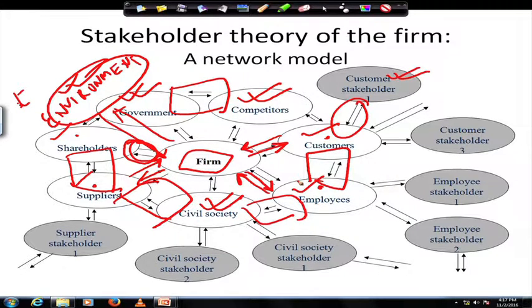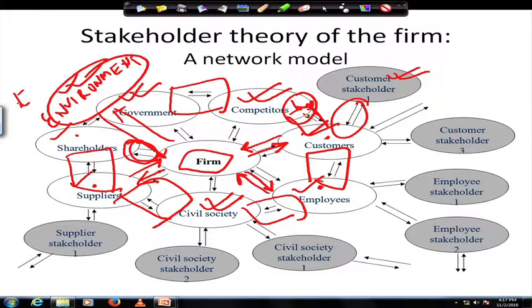So this is a network, where your competitors and customers, very important, your customers and competitors are getting connected, and that's how this web is becoming more complex day by day.